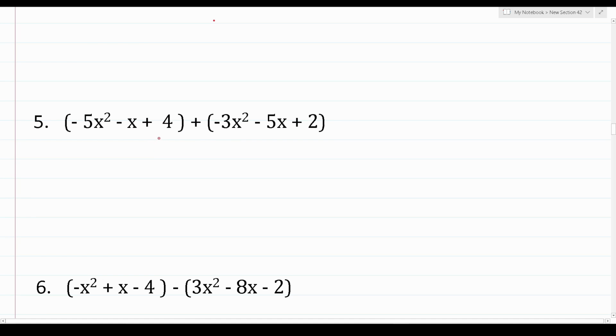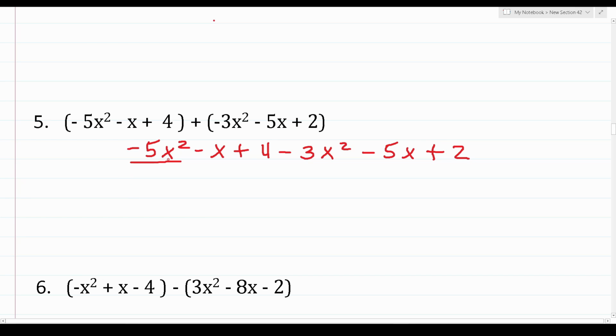Again, we're just adding a trinomial, that is a 3-term polynomial, with another trinomial that is a 3-term polynomial. So let's just drop those parentheses and combine like terms. So we have negative 5x squared minus x plus 4 minus 3x squared minus 5x plus 2. Let's start right here with combining like terms.